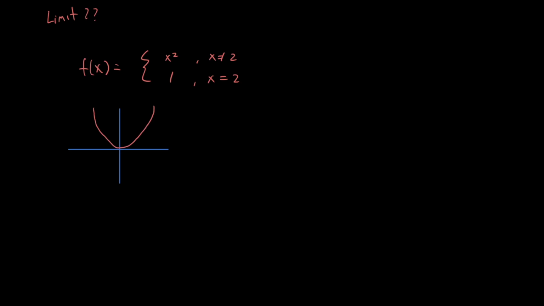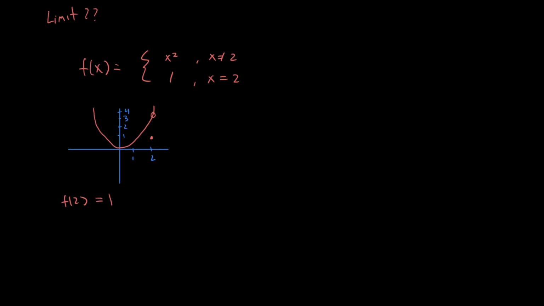My scale's a bit messed up, but I hope you get the idea. And we would have a discontinuity here at x equal to 2, with a point here. So you can evaluate f at 2. So f of 2 is equal to 1.